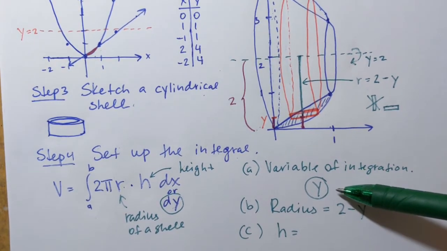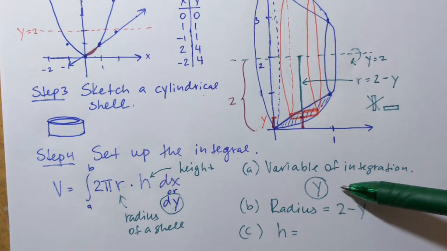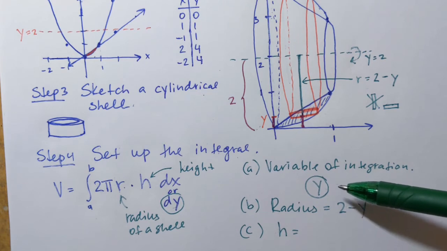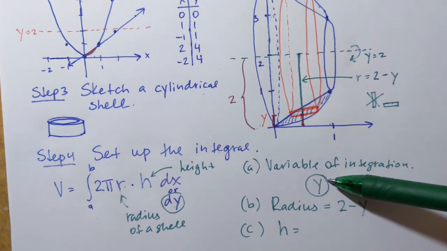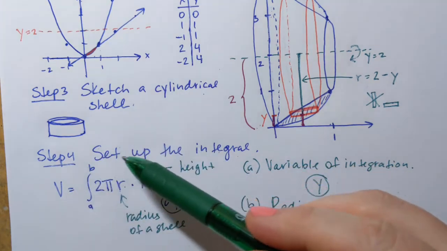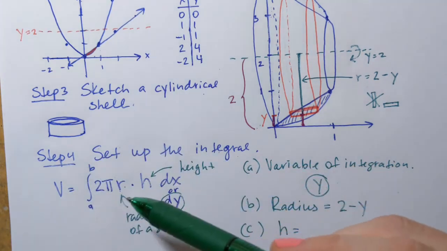And now here's another important note. When we made up our mind as far as what the variable of integration is going to be, at this point we had to note to ourselves that since the variable of integration is y, everything in this integral will be written in terms of y. We shouldn't see any x's.